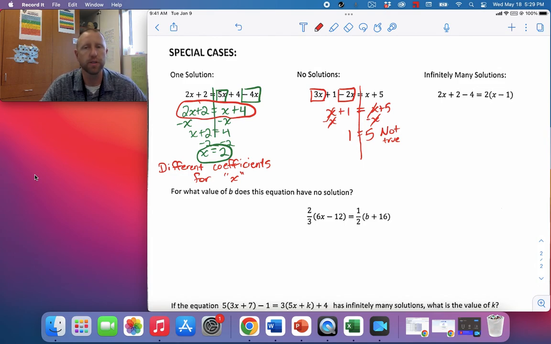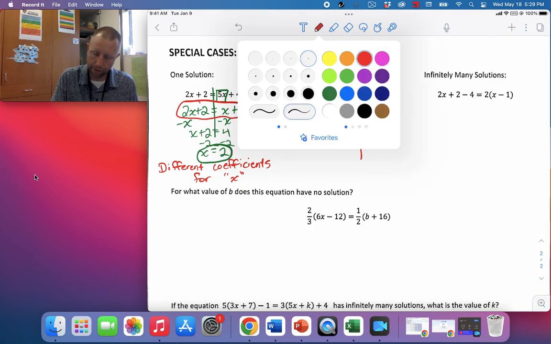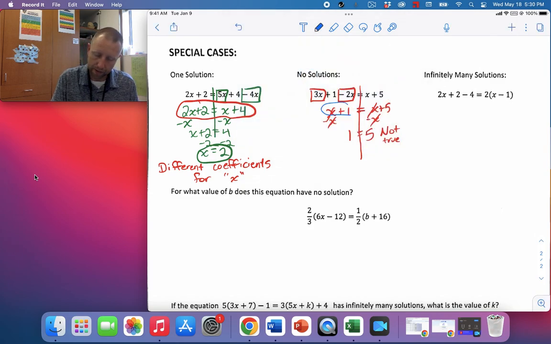And when you're left with a false statement, that's why the answer is no solution. What that's saying is there is no value for x that you could put in for this equation that would make it true, right? Well, what is it about the equation that showed us that it was going to be no solution? Look at our x terms. When I simplified it here, I had x plus 1 equals x plus 5.